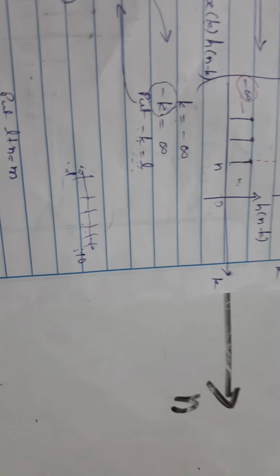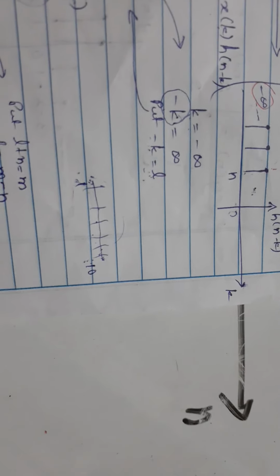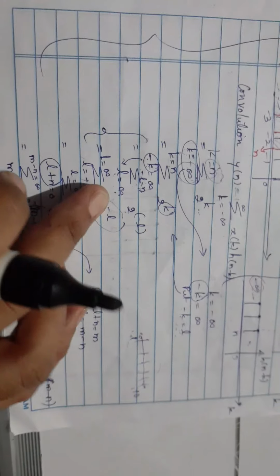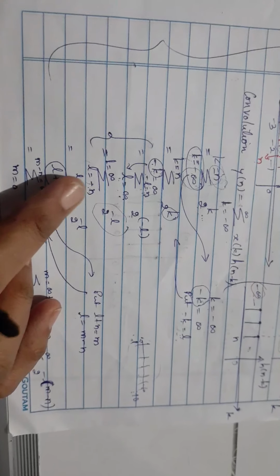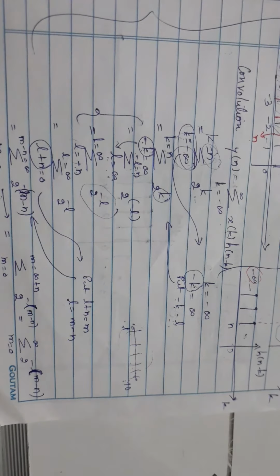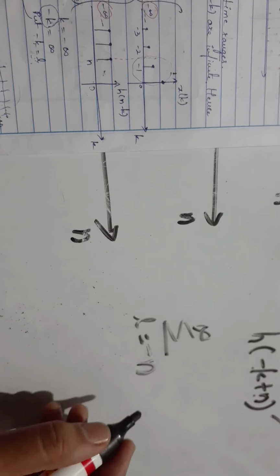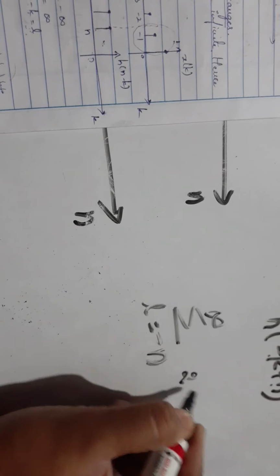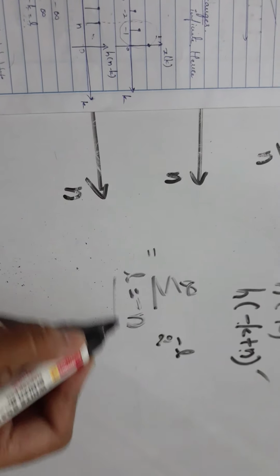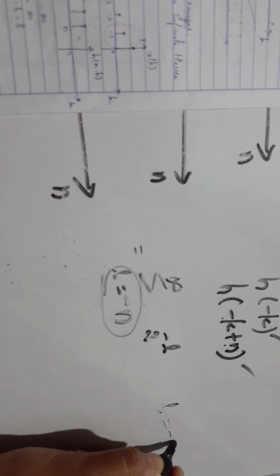what we have, summation minus n to infinity, 2 to the power of minus n. Now what I'll do for this, L is equal to minus n.